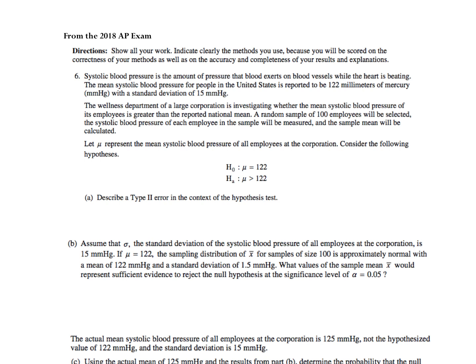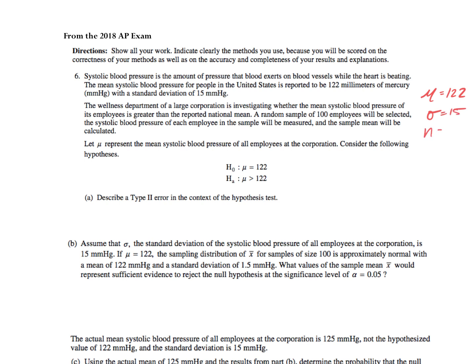Okay, so as we look at this one, we have this whole stem describing the situation. We know from the stem that for all people, the mean systolic blood pressure is 122 with a standard deviation of 15.